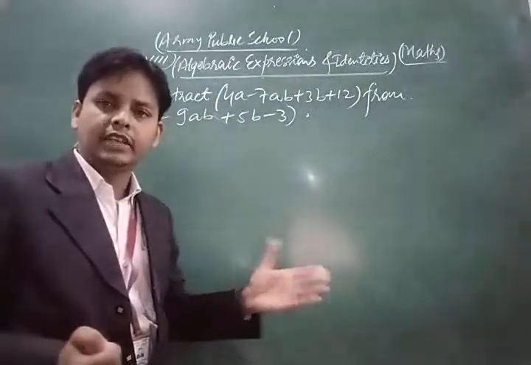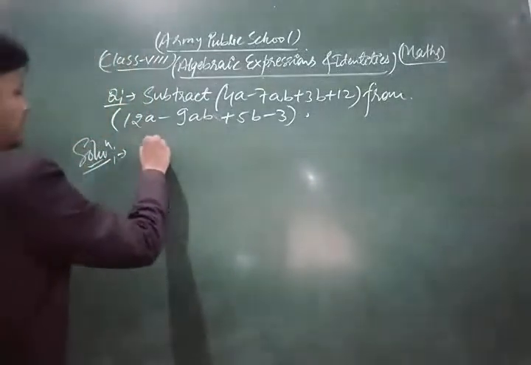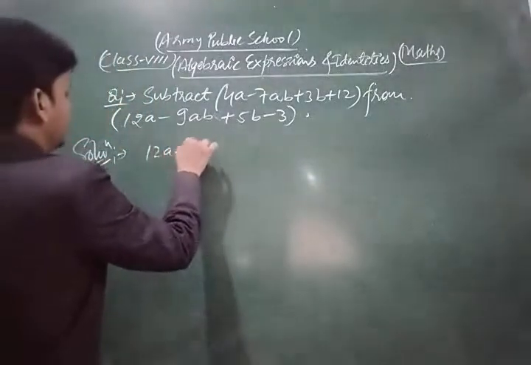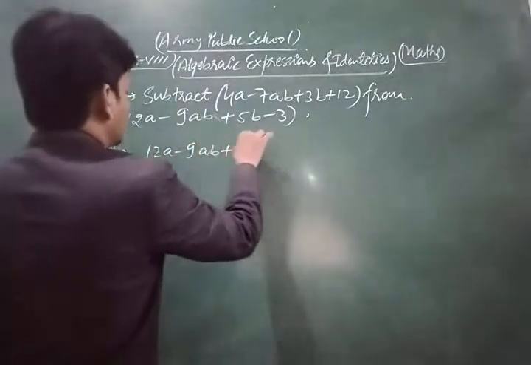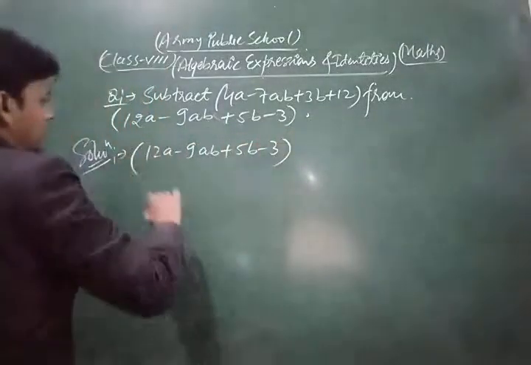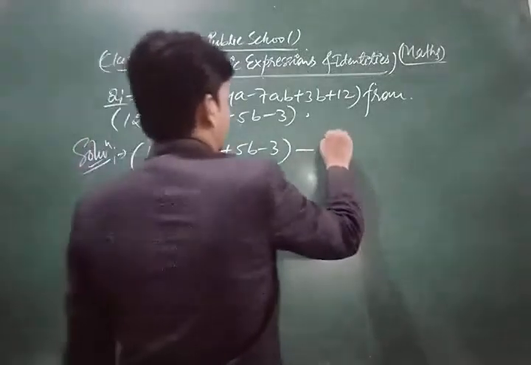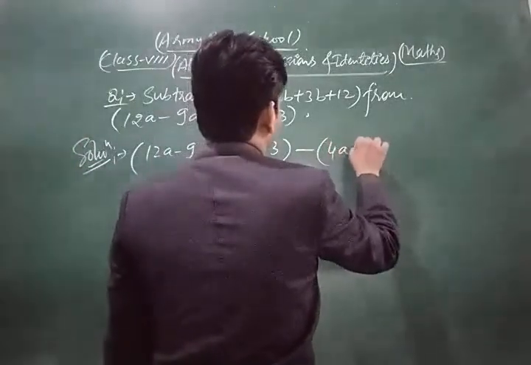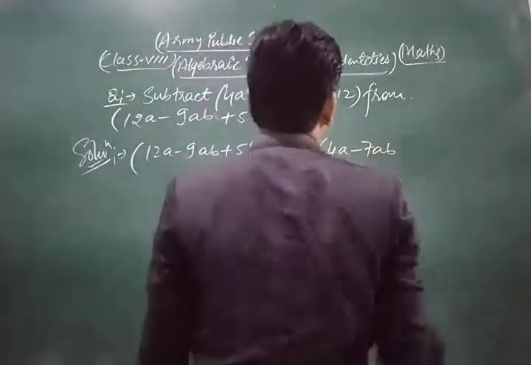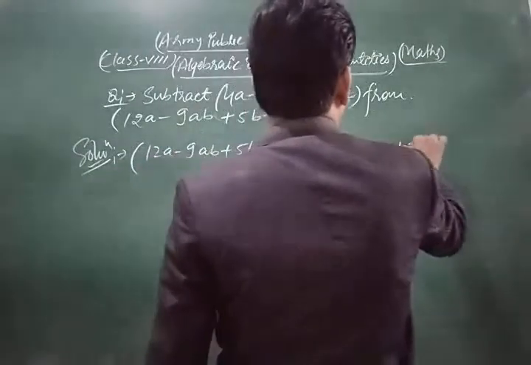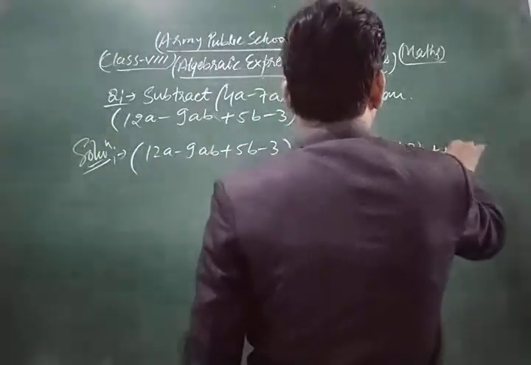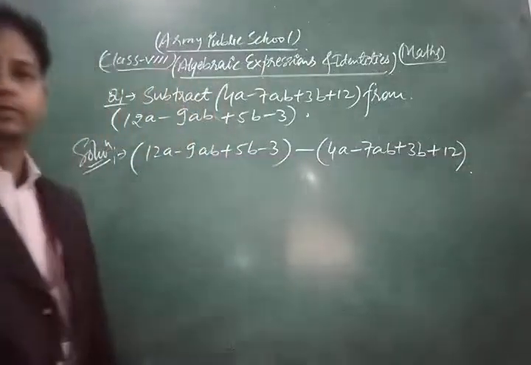So first of all, we write it this way: 12a minus 9ab plus 5b minus 3, minus 4a minus 7ab plus 3b plus 12.